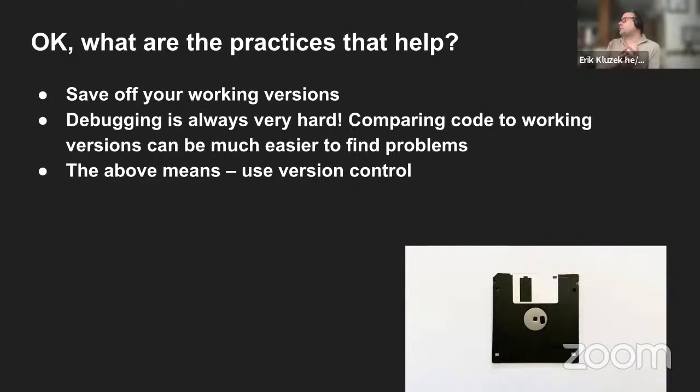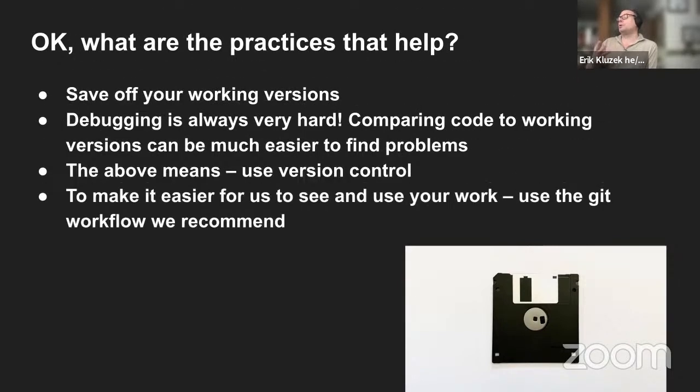Sometimes people save off working versions by just copying files around, which isn't as efficient as using a version control system. In the tutorial, we've already introduced you to Git, and we recommend that you take advantage of it. It'll make your development easier and make it easier for your science to be worked out.